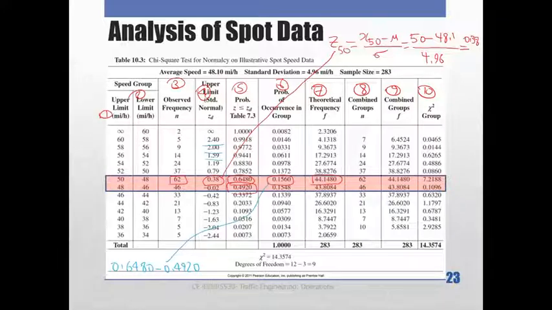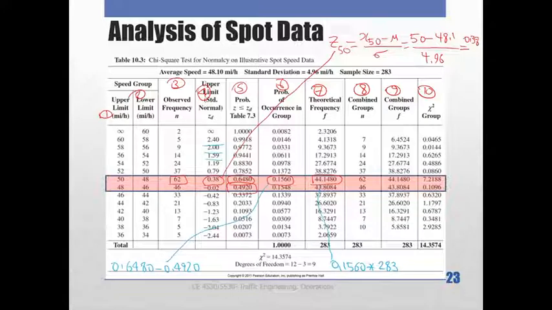So this is basically the 44 is the 0.1560 multiplied by 283. So now I have the probability of having speeds within the range of 48 to 50 miles per hour is about 15.6%.